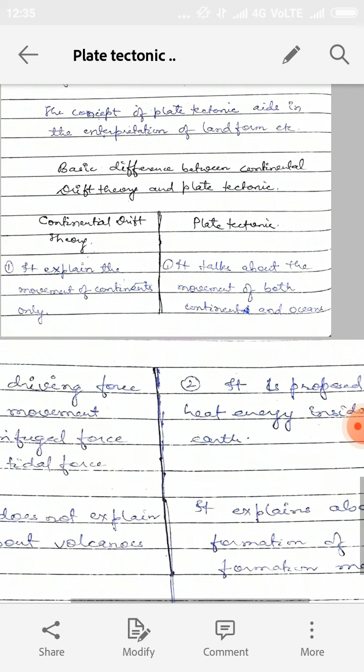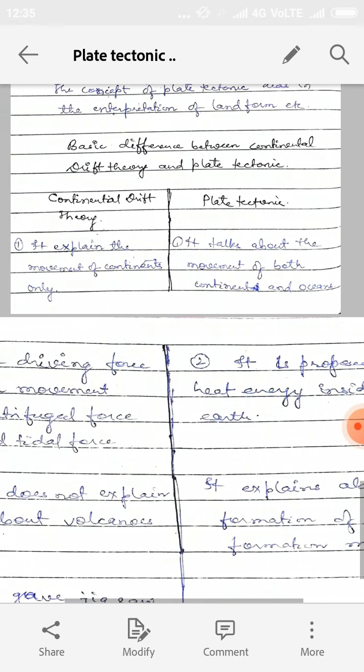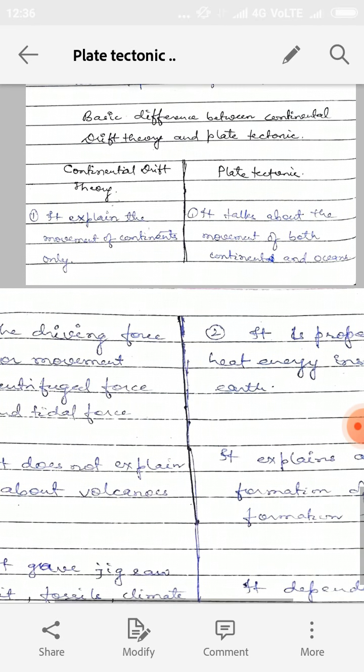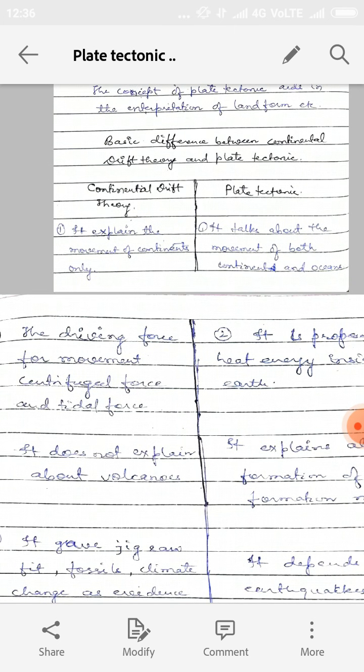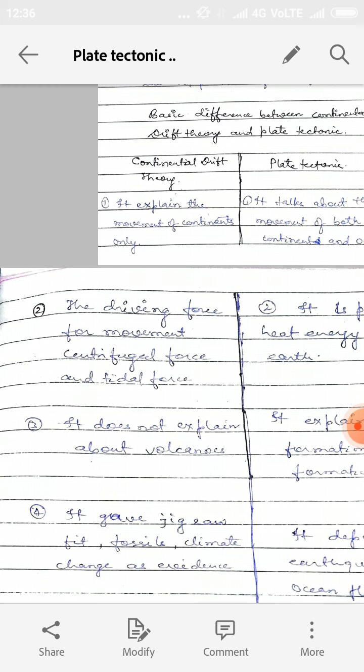The most important thing is the basic difference between the continental drift theory and plate tectonics. At first, you have to make columns: column 1, continental drift theory, and column 2, plate tectonics. First, the continental drift theory explains the movement of continents only, and the driving force for movement is centrifugal force and tidal force.